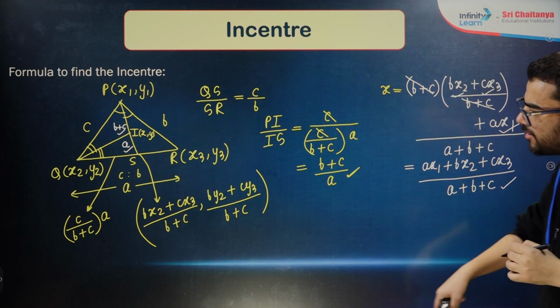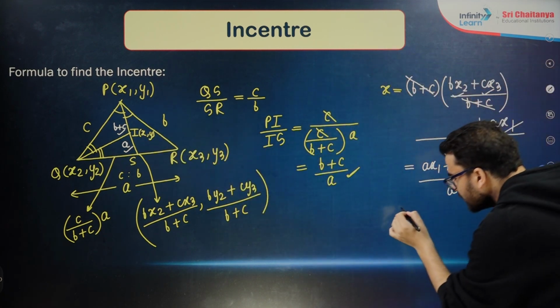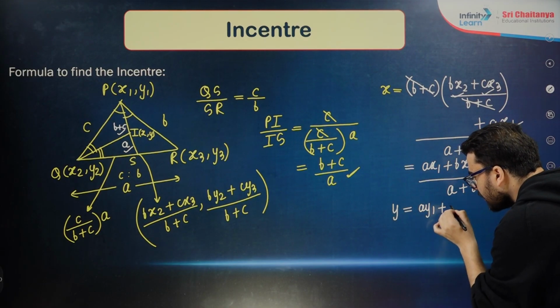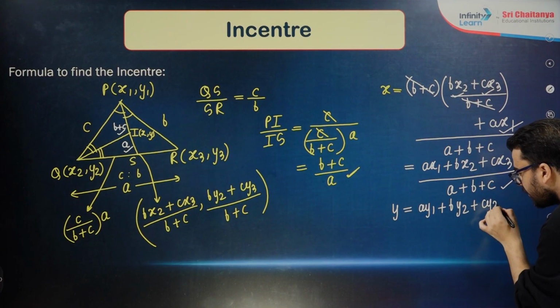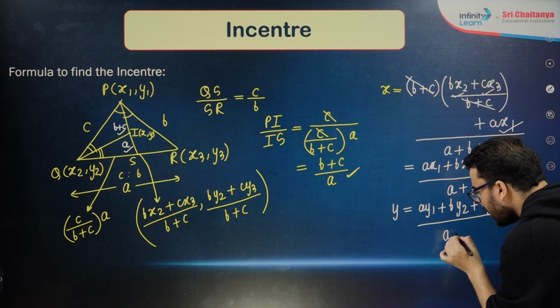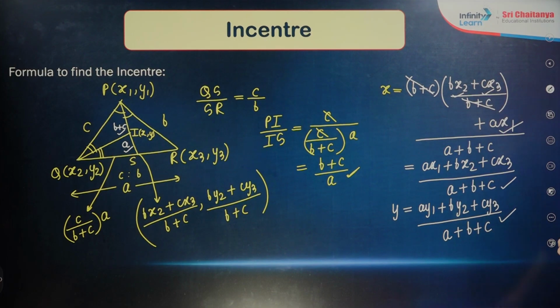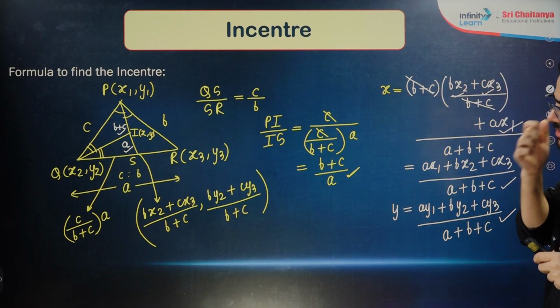In the same manner, the y coordinate of the incenter over here will be, with the same logic, Ay1 plus By2 plus Cy3 upon A plus B plus C. So the pattern is very simple. How will you find the coordinates of the incenter?